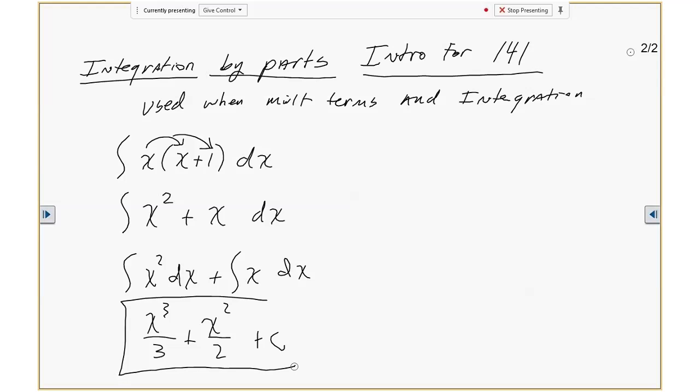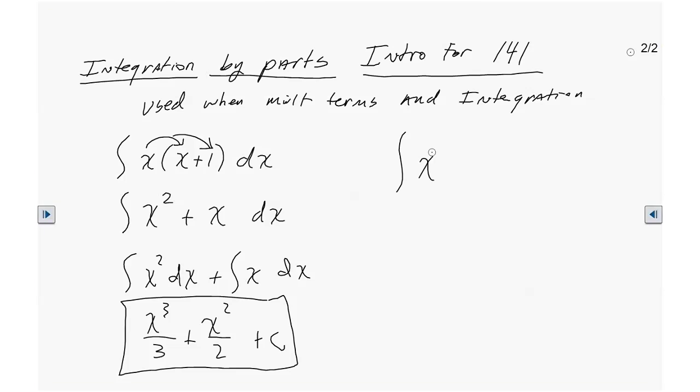That is not what we're talking about. Although you could use integration by parts. But just to give you an example of integration by parts where you can't use algebra, it would be x squared times the natural log of x.